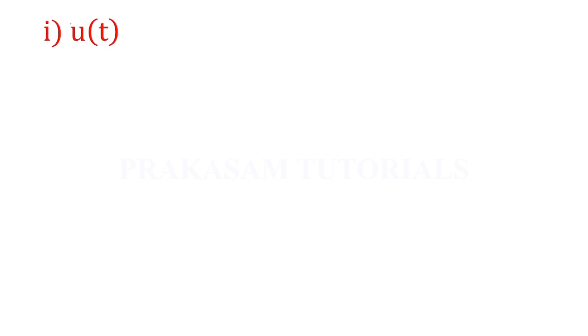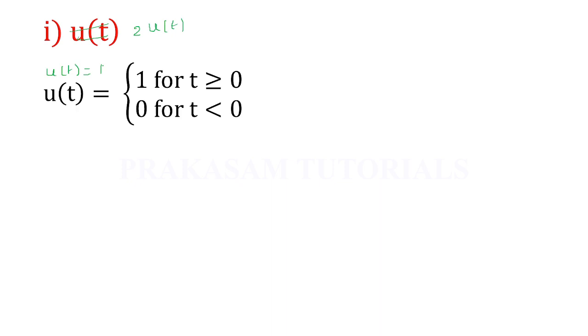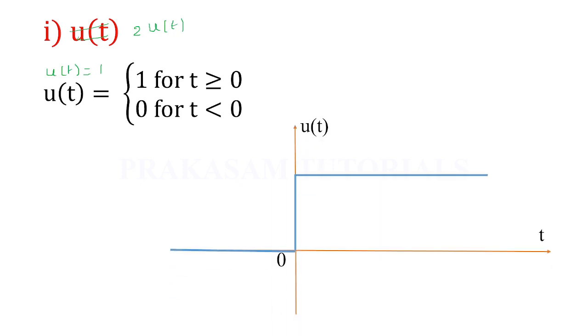Now find out the graph of 2 into u of t. Using the definition of the unit step signal, u of t is equal to 1 for t greater than or equal to 0. For 2 into u of t, the strength of u of t is 1, so 2 into 1 is 2.